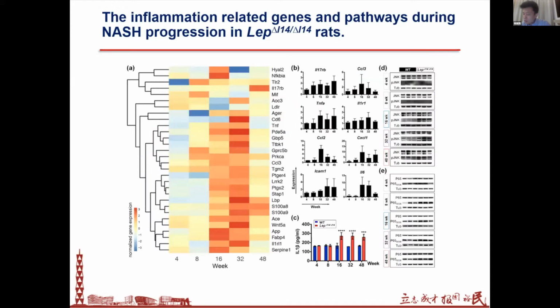And we also observed the upregulation of the inflammation response, which is correlated with the activation of JNK and NF-κB pathways, as shown on the right in the Western blot.